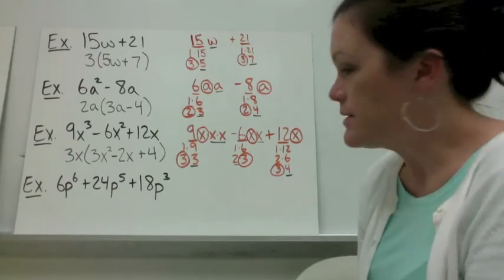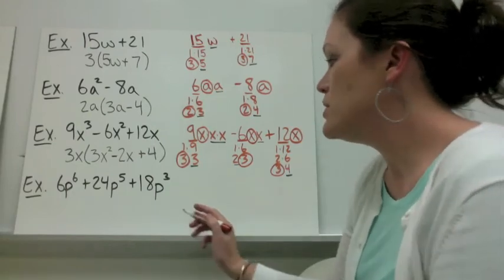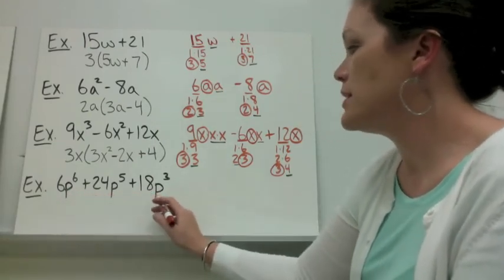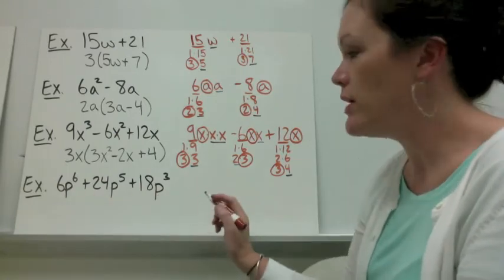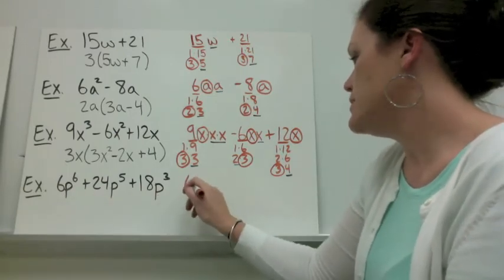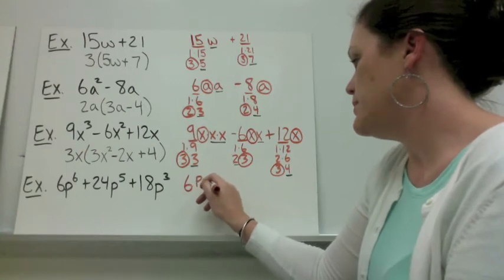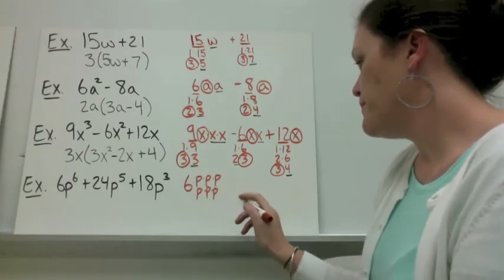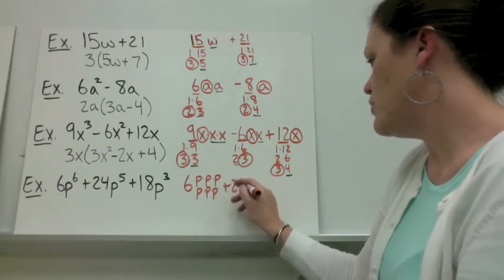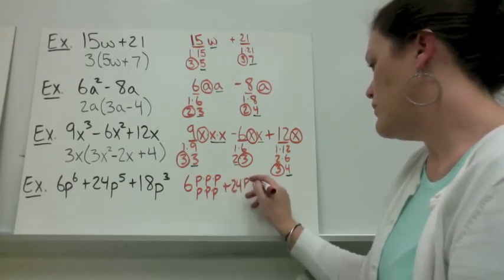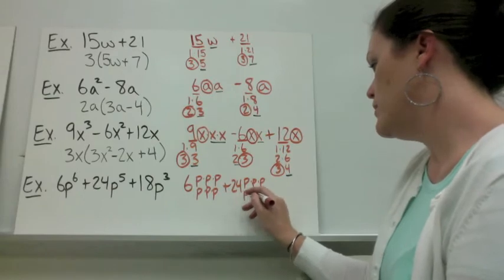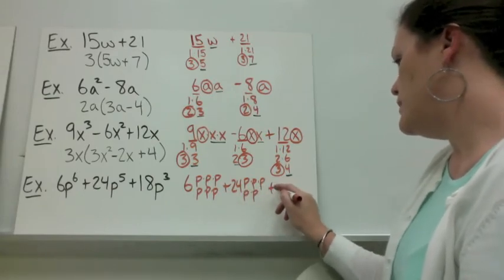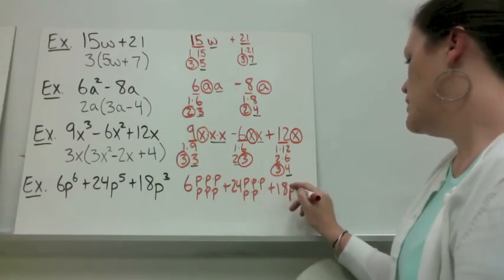Let's look at this last example. So this one has 3 terms again and has several p's, so let's write it out. We have 6, and then there are 6 p's, so we can write them out. Plus 24, and then 24 has 5 p's, and 18 has 3 p's.